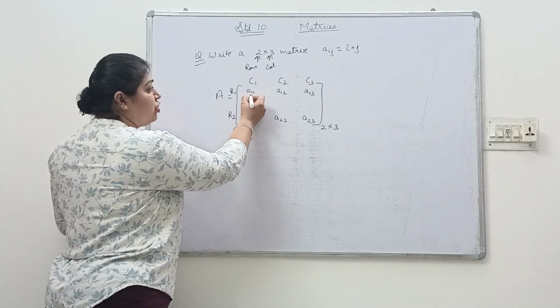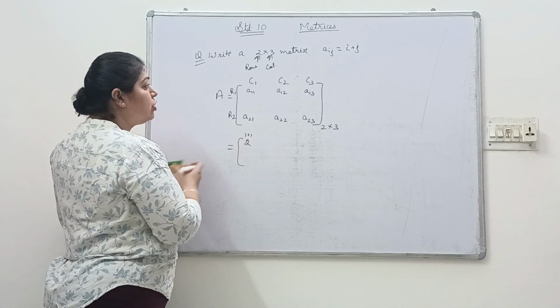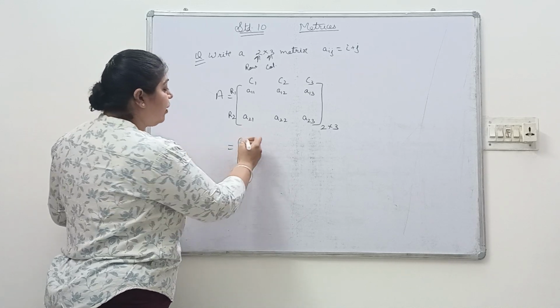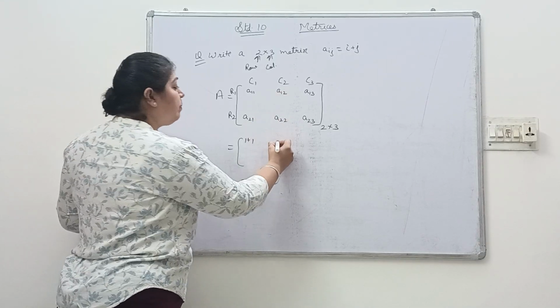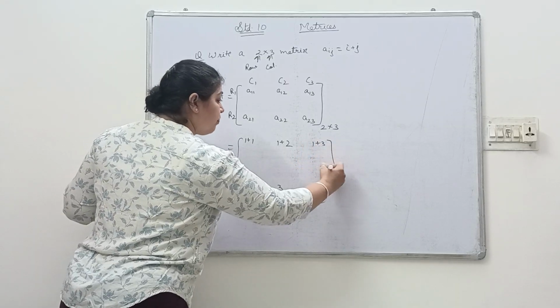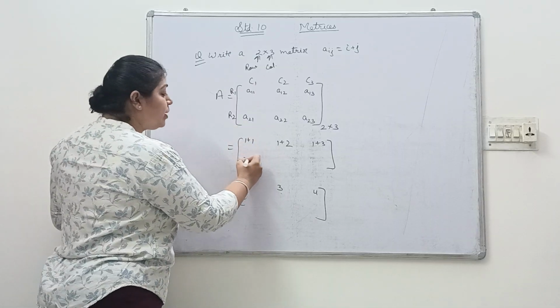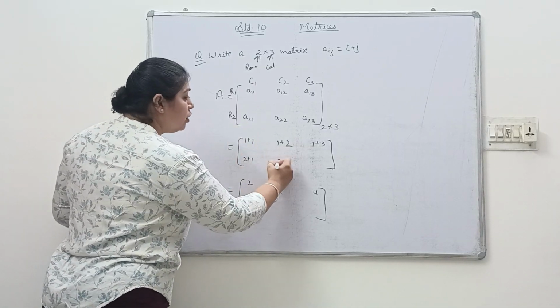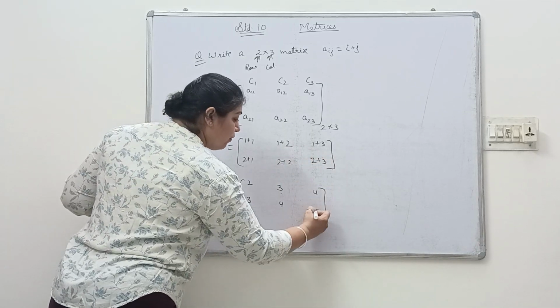Now add i and j. 1 plus 1 is 2, so directly we can write that as 2. 1 plus 2, 3. 1 plus 3, 4. Same, 2 plus 1, 3. 2 plus 2, 4. 2 plus 3, 5.